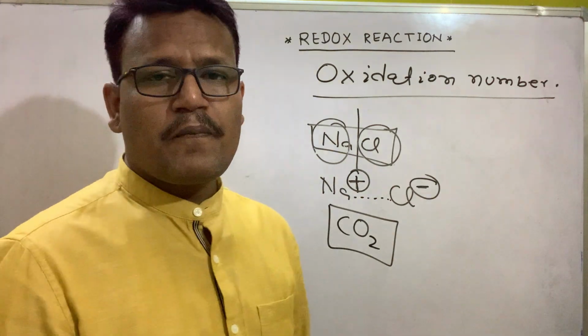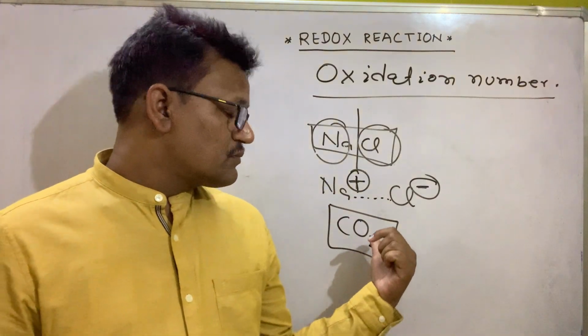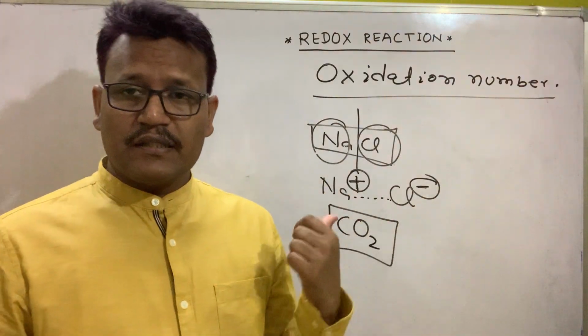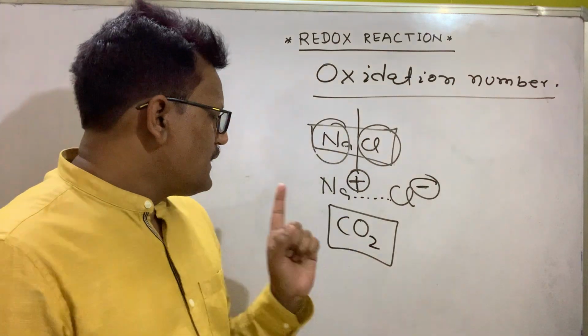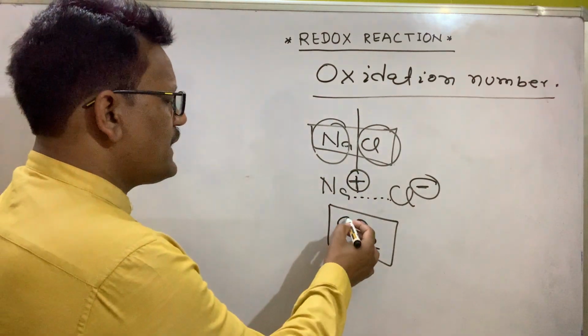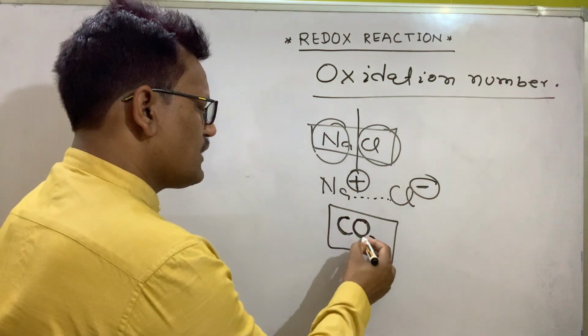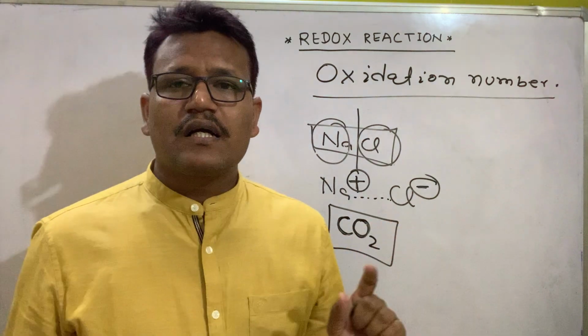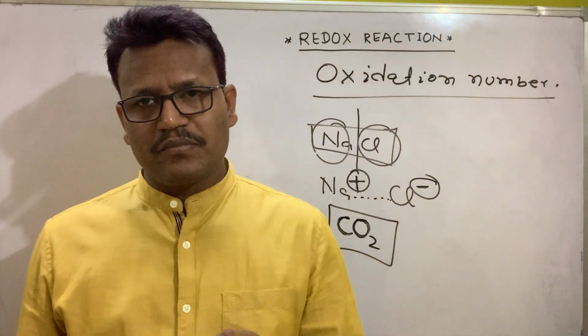CO2 is not an ionic compound. It's a covalent compound. So there will be sharing of electrons between carbon and oxygen to form the carbon dioxide compound.